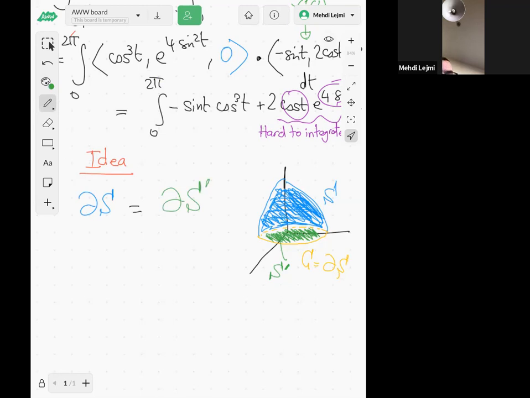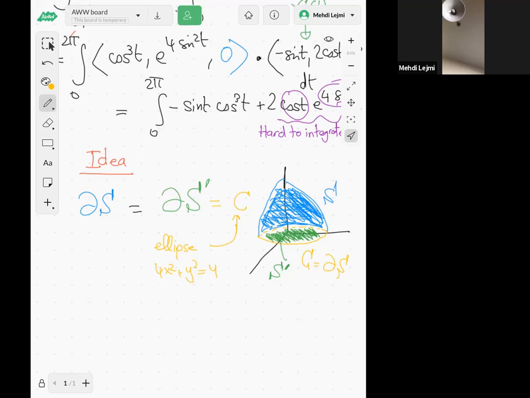The boundary of both surfaces is the ellipse C, which is 4x squared plus y squared equal to 4. So you see the blue surface and the green surface both have the same boundary.